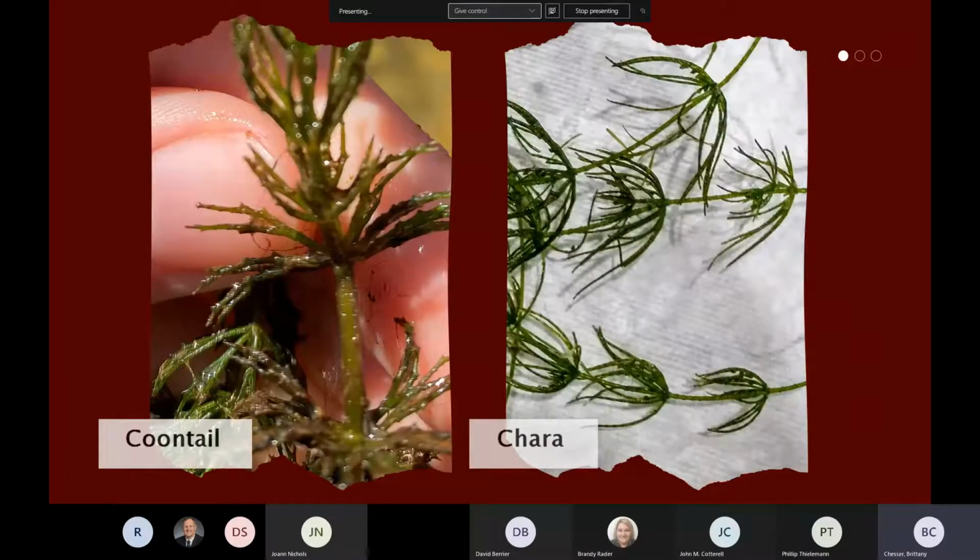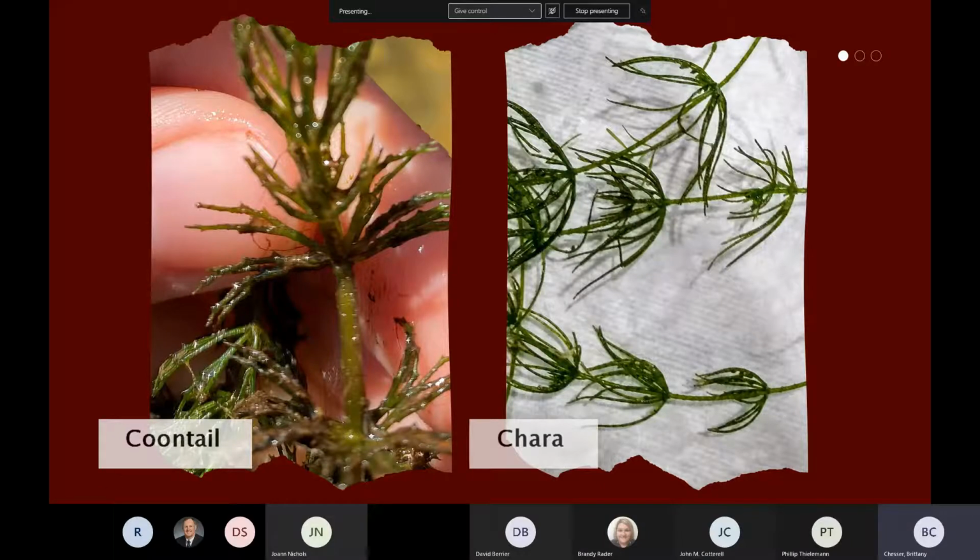So here's an up close of coontail and Chara, which is your macroalgae we talked about earlier. Not only does coontail have fruits and seeds, and Chara does not, but coontail is very heavily branched. So if you just look at one of these leaflets and compare it to what looks like a leaflet on Chara, they are not branched on Chara.